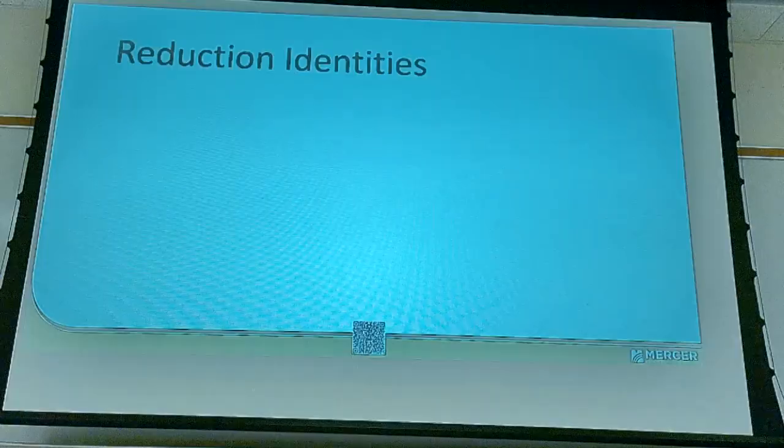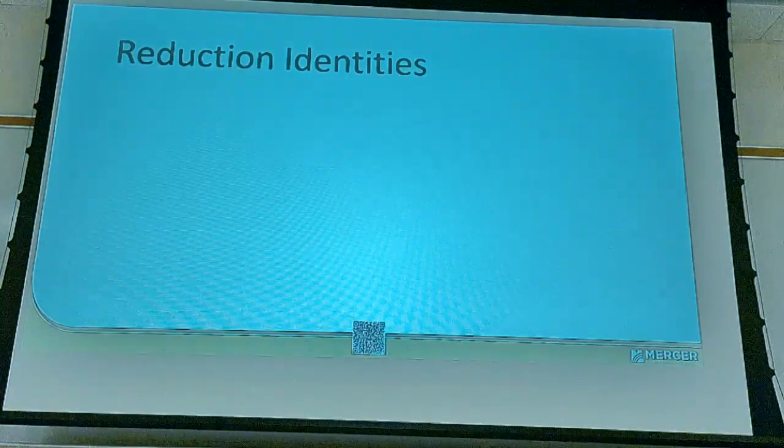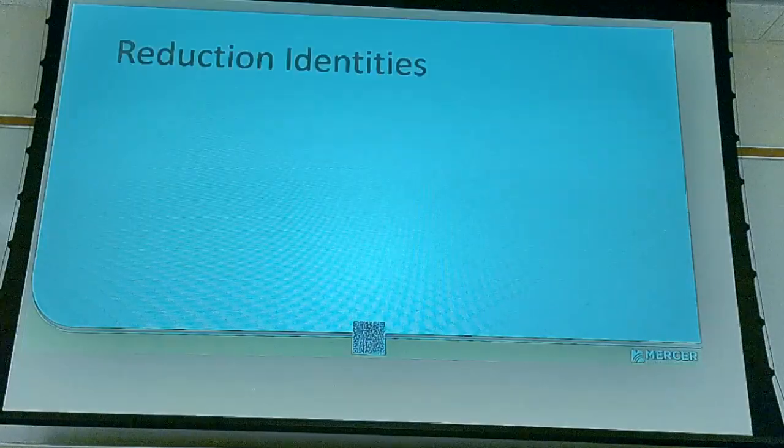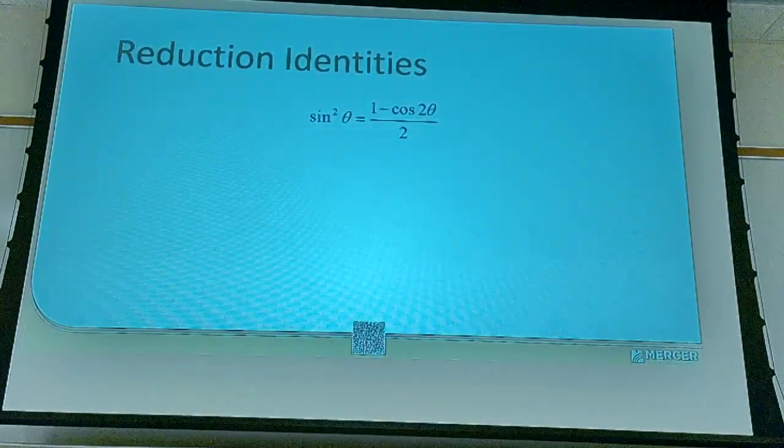Now for the reduction identities. Not to be confused with reduction formulas that we're learning in Calc 2. Again, there's a reduction identity for each of sine, cosine, and tangent. Sine squared of theta is 1 minus cosine of 2 theta all over 2.